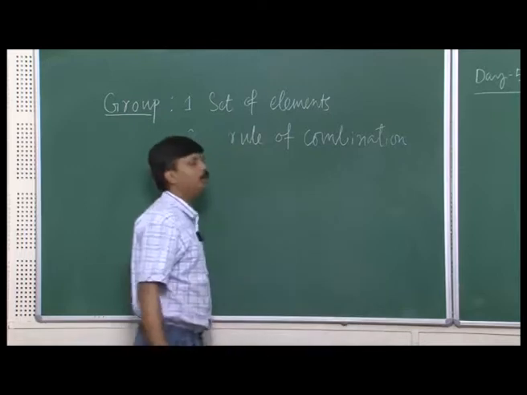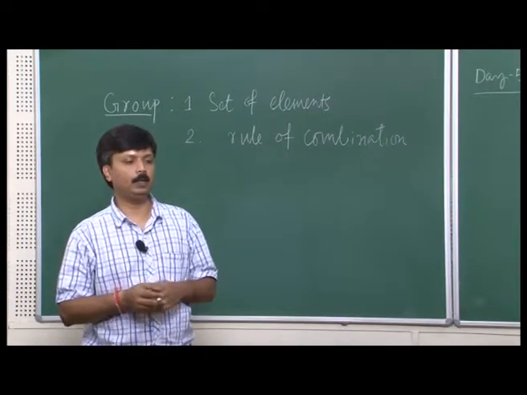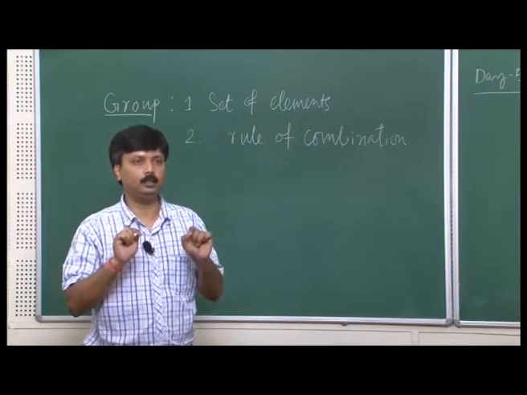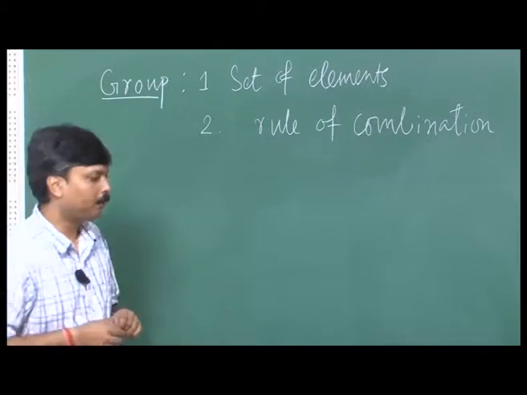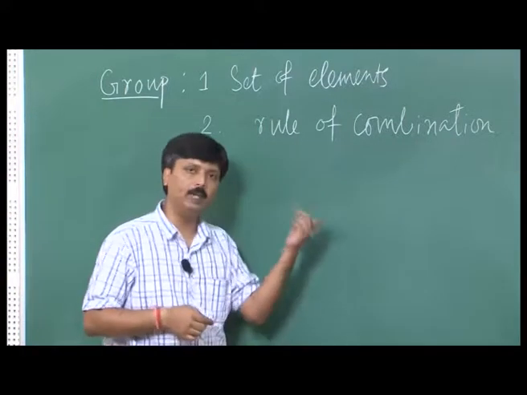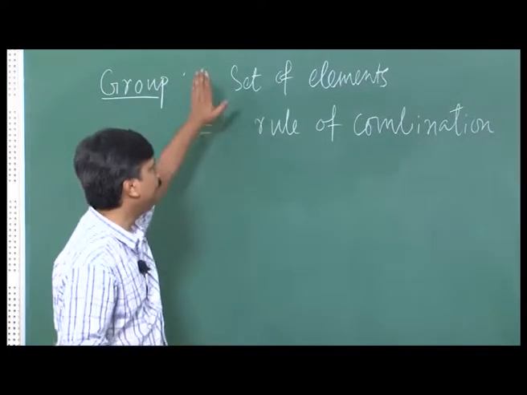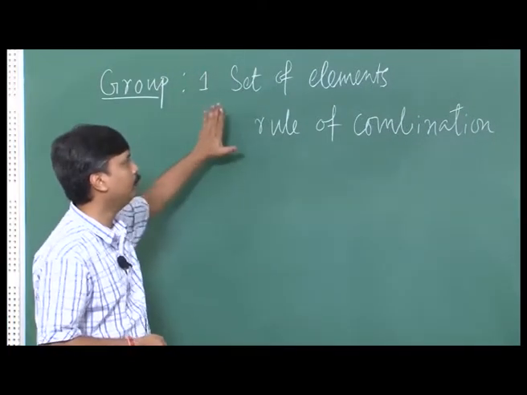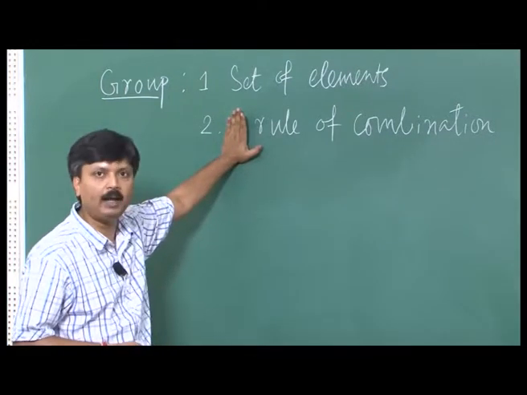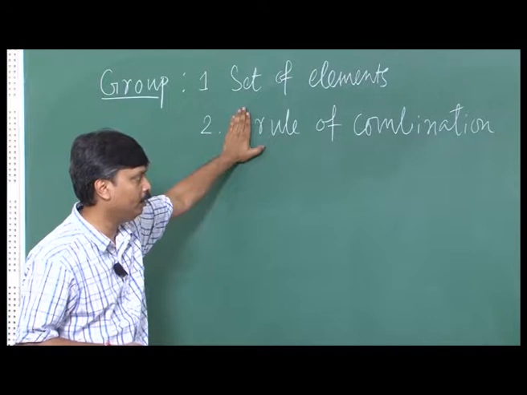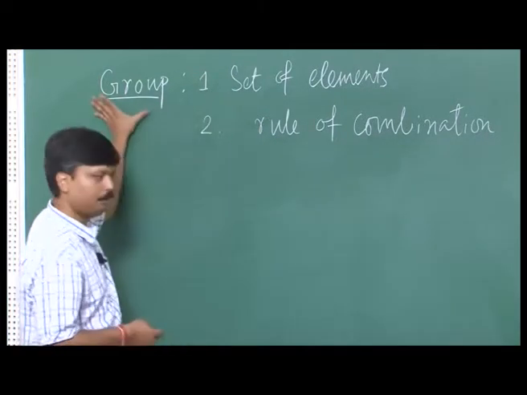Suppose I told you about a set like 1, 2, 3 and I say that algebraic addition is a rule of combination which can combine any two elements of the set. So I have a set of elements and I have a particular rule of combination which is well defined in this. Then I can have a group.